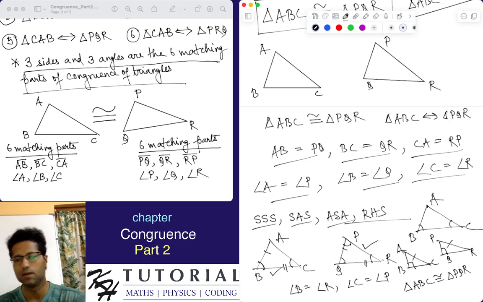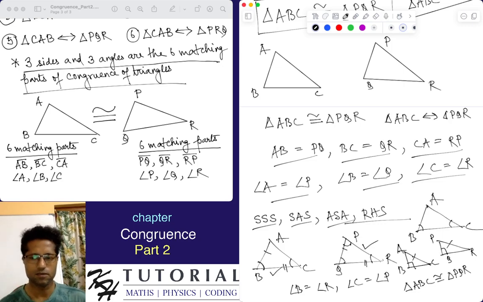If one such pair is equal, that is, AB and PQ, or another pair BC and RQ, if any corresponding arm of the two triangles is the same, then we can say that these two triangles are congruent.